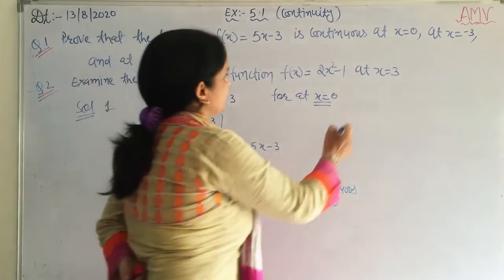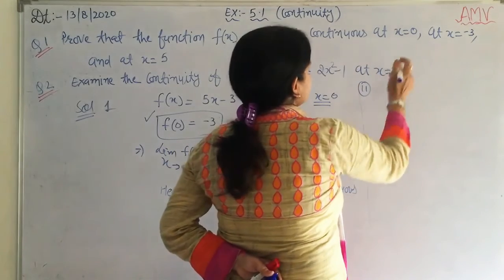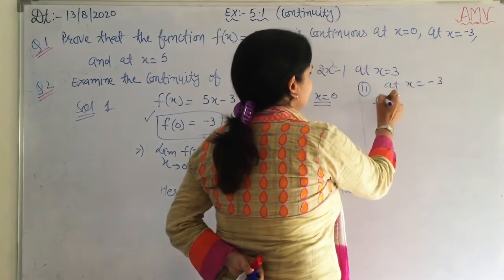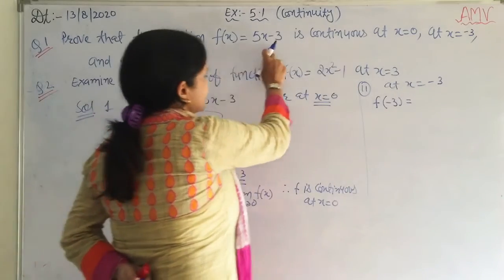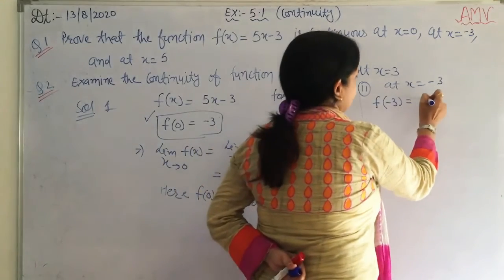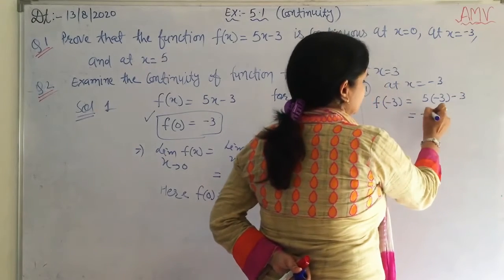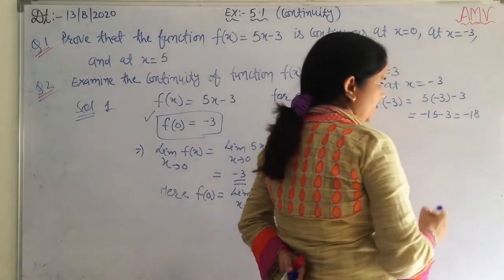For the second part, at x equal to minus 3, first find the value of the function. Here the function is 5x minus 3, so it is minus 15 minus 3, you will get minus 18.